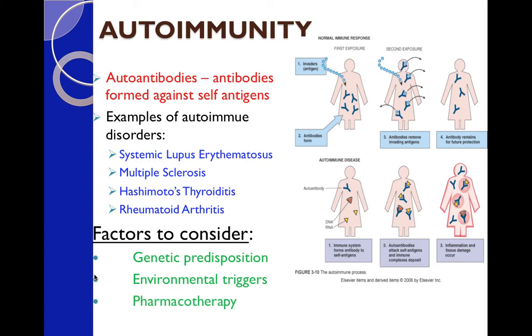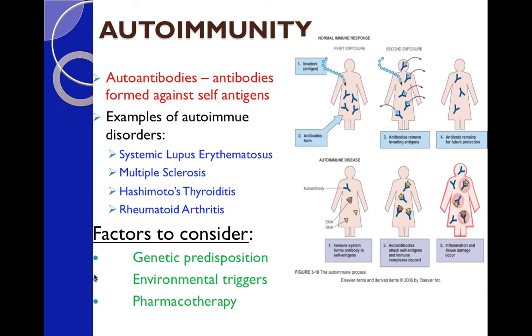Environmental factors, so being exposed to certain infectious agents, certain bacteria, certain viruses might stimulate an autoimmune response in your body, and of course any other environmental stress, whether occupational or something you might be exposed to in your home, could stimulate an autoimmune response as well.